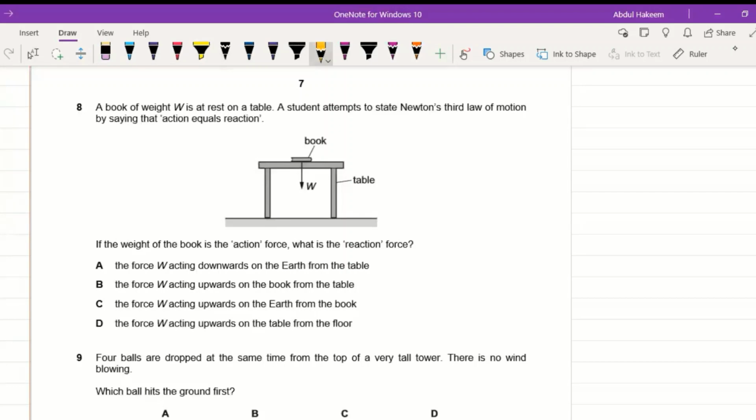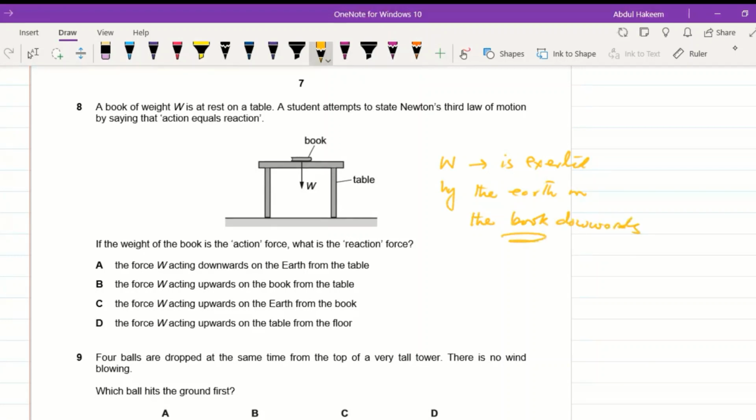Look, the action is the force W exerted by the earth on the book, downwards.